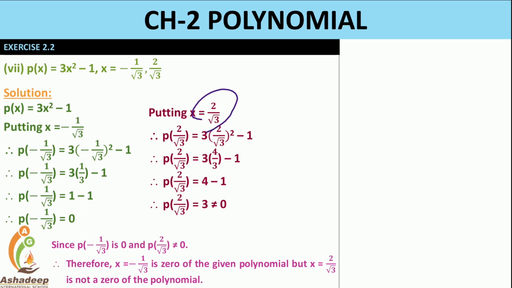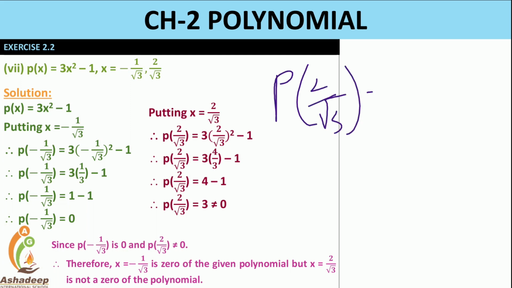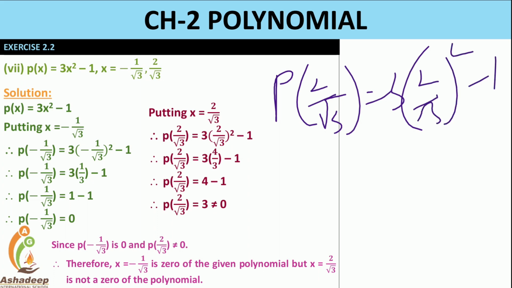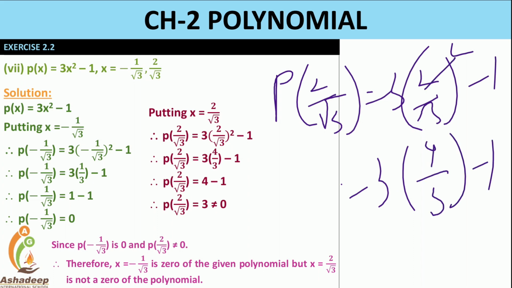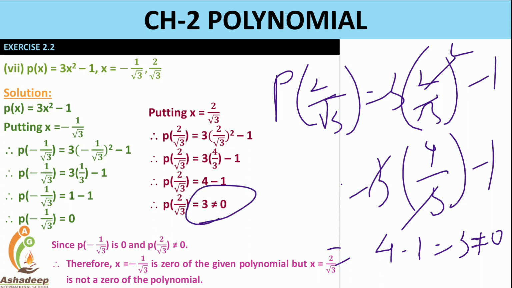Now let's talk about 2 upon root 3. So p of 2 upon square root of 3 is equals to 3 into 2 upon square root of 3 whole square minus 1. So 3 into 2 square 4, root 3 square 3, minus 1 is equals to 3 cut, answer is 4 minus 1 is equals to 3, which is not equals to 0.